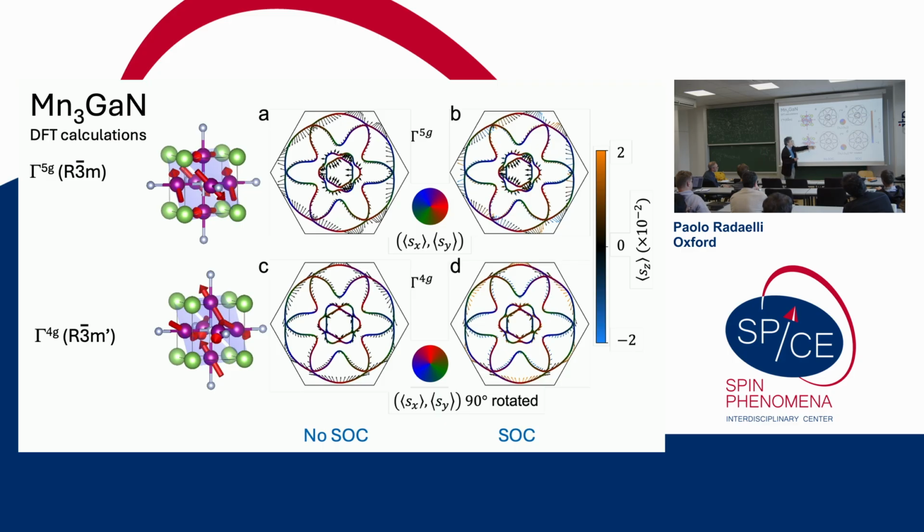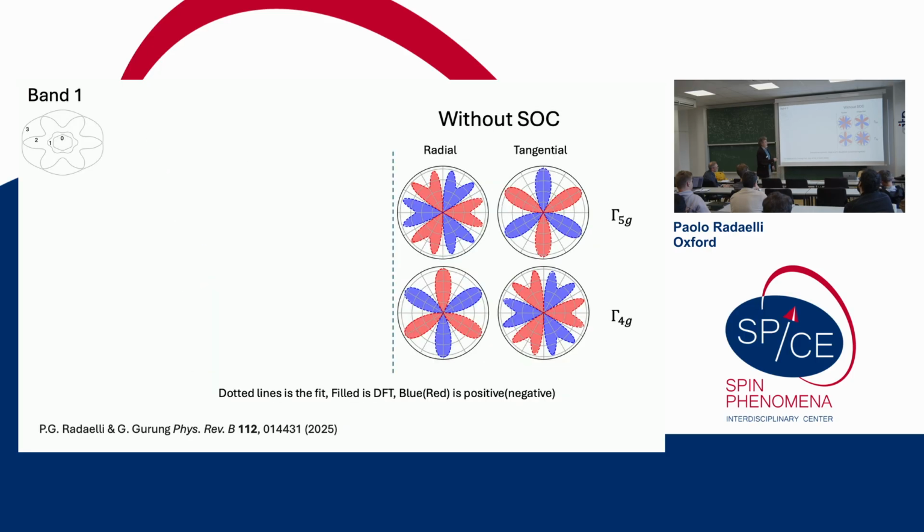The radial component is the component of the spin textures along the radius, tangential, and out of the board. Okay, so this is in the absence of spin-orbit coupling. There is no axial component, as I explained. And these two, see, the tangential and radial are simply inverted. The dashed line is the tensor fit, and the blocks are the DFT. So you see, they agree perfectly well, right, with very few parameters.